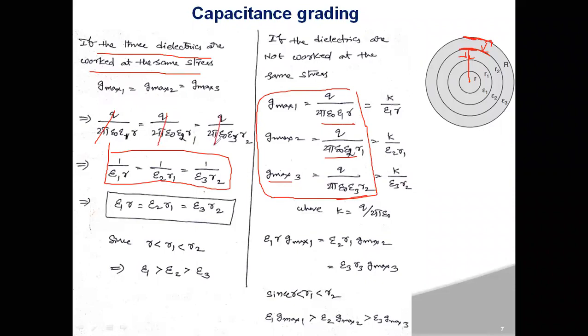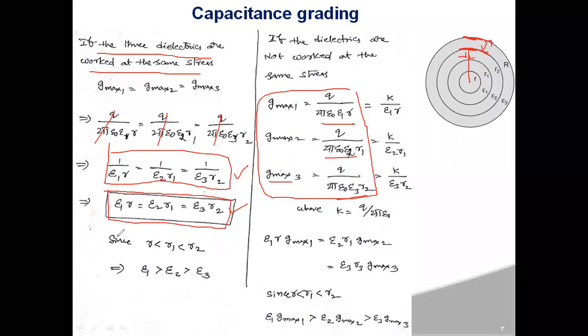Q by 2 pi epsilon naught cancels, so you have 1 by epsilon 1 r, 1 by epsilon 2 r1, 1 by epsilon 3 r2. From this you can write epsilon 1 r is equal to epsilon 2 r1 is equal to epsilon 3 r2. This is the condition if the dielectric stress is the same at all the layers of the dielectrics.